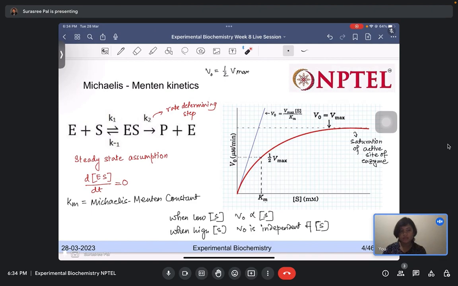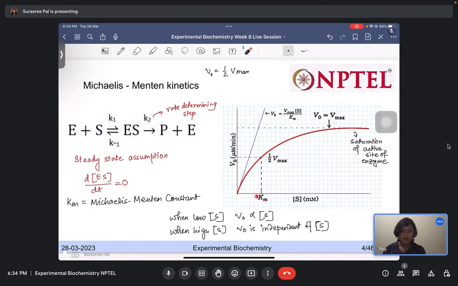When the substrate concentration is less, there is more enzyme with respect to the substrate, right? The enzymes are present, which have these active sites, the sites where the catalysis or the enzyme reaction takes place. So the enzyme active sites are not saturated in this portion.